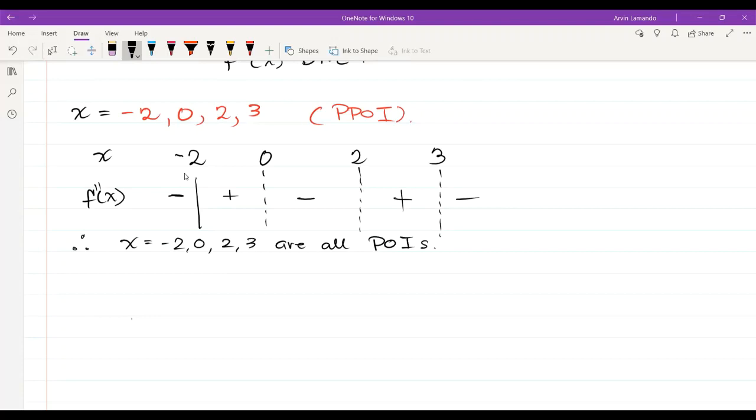Also, on which intervals is f concave up? As we can see from the table of signs, f is concave up on the intervals -2 to 0 and 2 to 3.